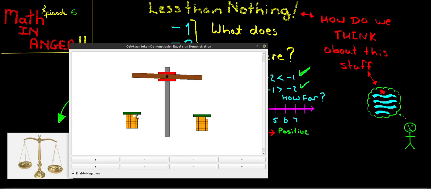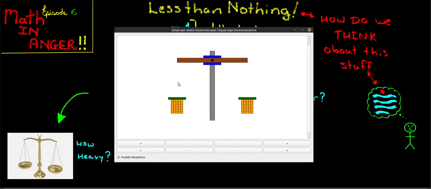All right? Now there's another thing I'd like to show with respect to the balance scale. Let's do this. Listen very carefully to what I'm about to say. 1, 2, 3, 4, 5 more than nothing, with the addition of 1, 2, 3, 4, 5 less than nothing, is in balance with 0.